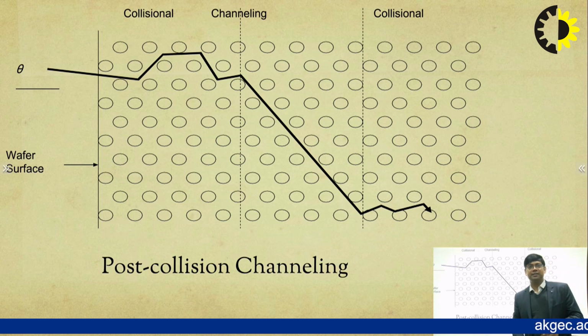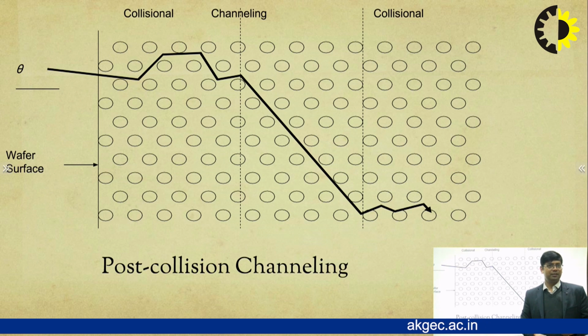The point here is that it is not necessary that a channeling ion does not collide with any host ion at all. It may happen that initially it collides with some of the silicon atoms, and then it takes an angle such that it goes deep into the wafer without collision.